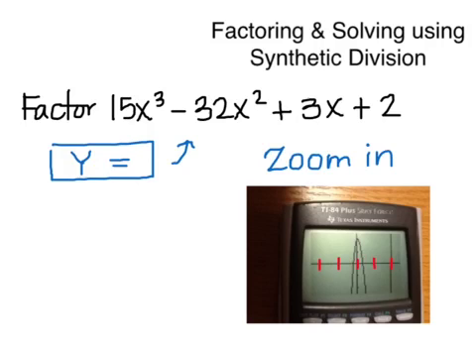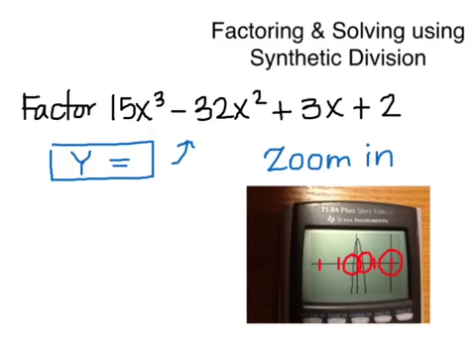So what it looks like is there is an x-intercept here and an x-intercept here, which are both between 0 and 1 or 0 and -1, so that means they're going to be fractions or decimals. But then there's this nice one that goes right through the tick mark, and that tick mark is at 2 to the right.